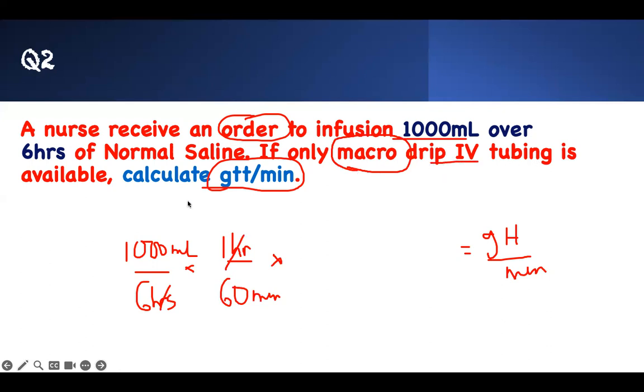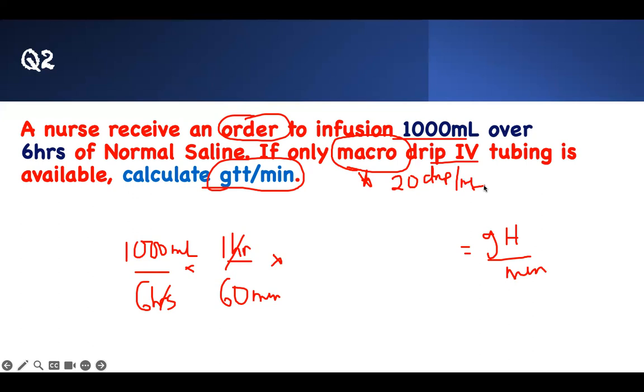I've given you the available by giving you what? Macro. The macro drip is usually the smaller one. So 20 drops per ml. What I mean is the drops are smaller. If they're big, there are less drops in an ml.